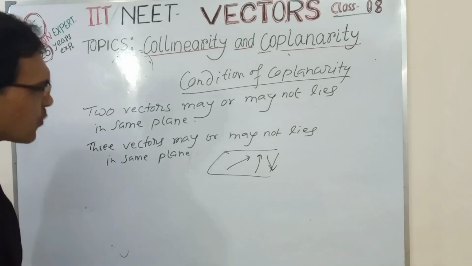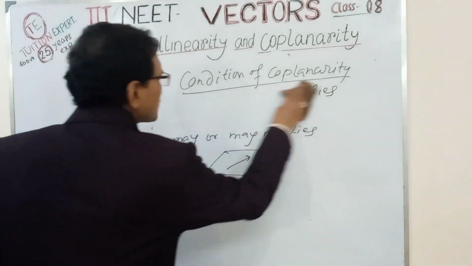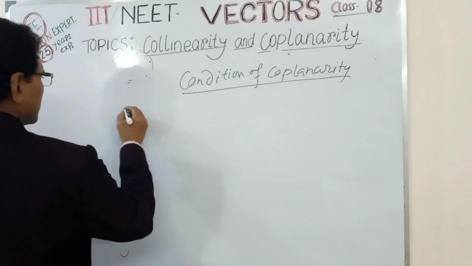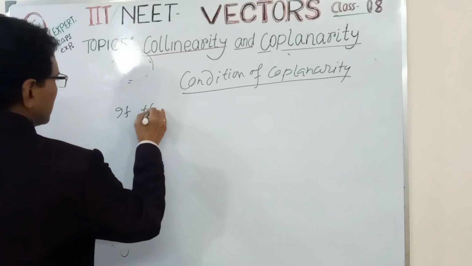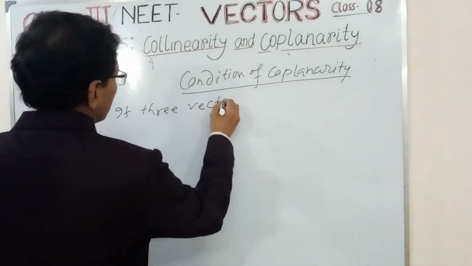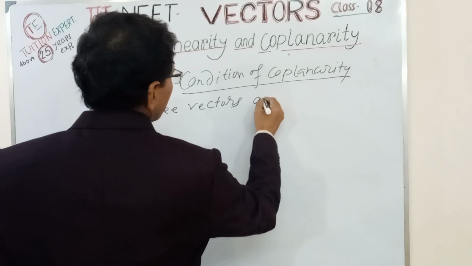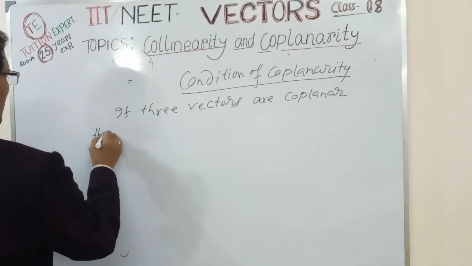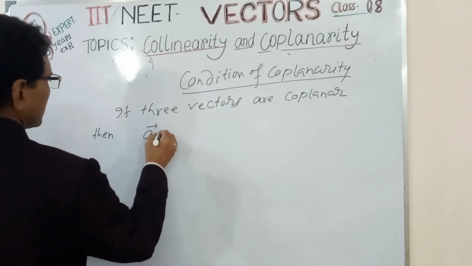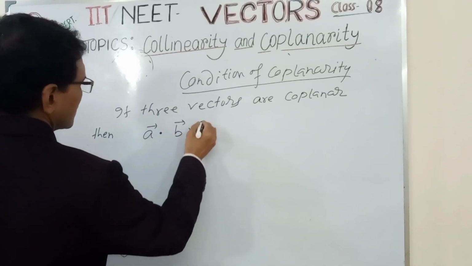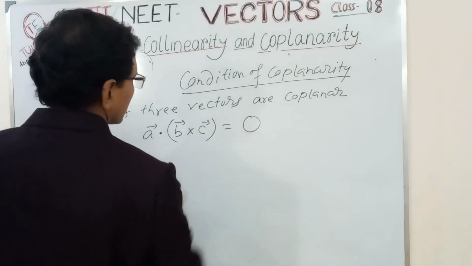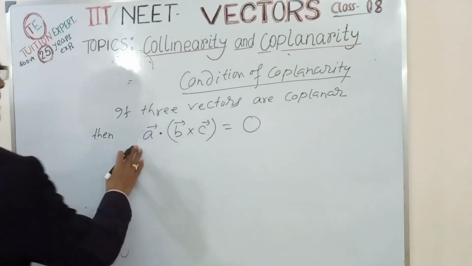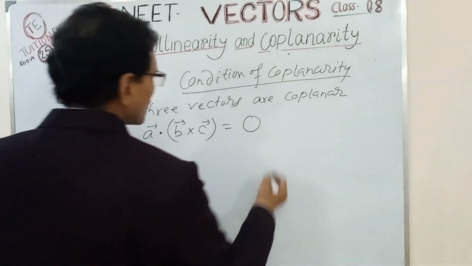Now, what is the condition of coplanarity? If three vectors are coplanar, then A dot B cross C is equal to 0.